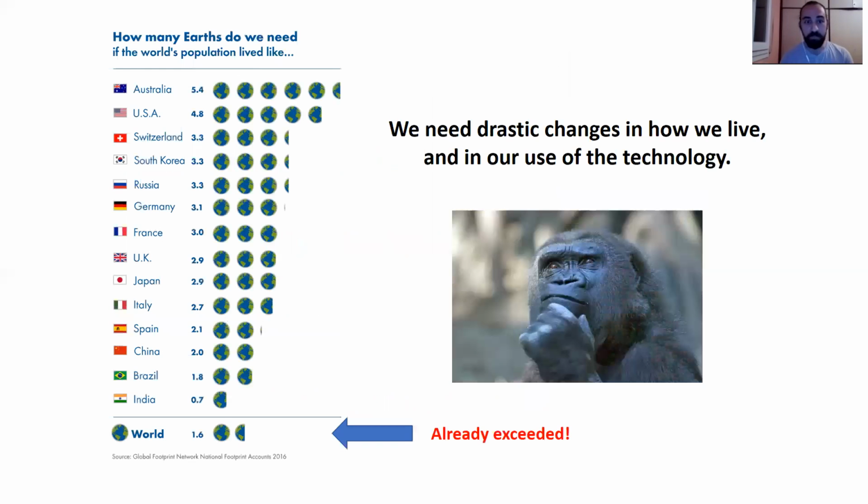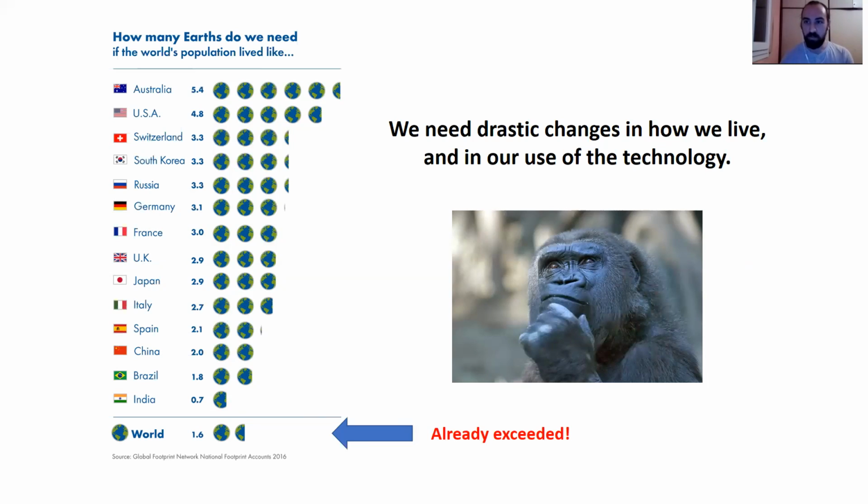Okay, I missed one slide. With our current consumption rates, as we can see, we need 1.6 worlds to sustain us.